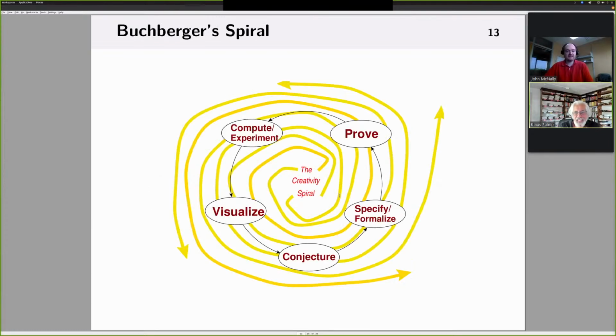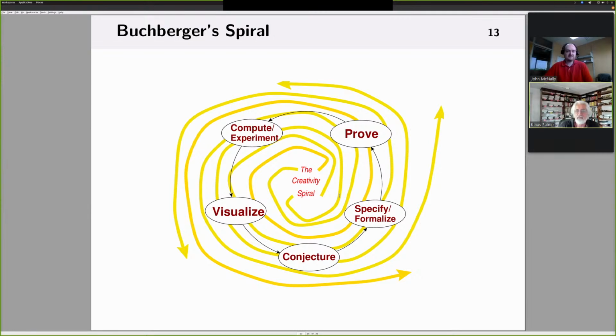And just to have a picture, this is a graphic I stole a long time ago from my friend Buchberger. He was making an attempt to explain what happens when you bring computation into the mix. The idea is you have some idea, you sit down, you write a little piece of code, you compute, you experiment, you generate data, sometimes lots of data, you visualize them.